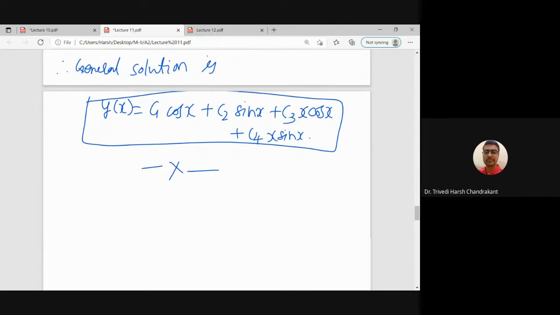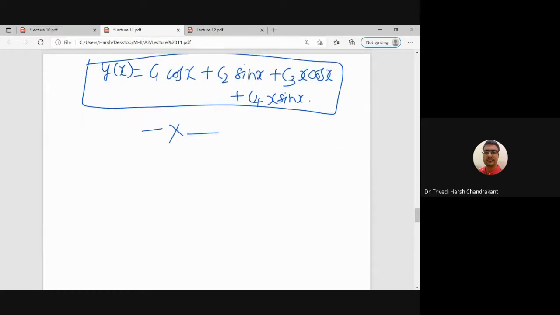So now we want to start a new method, which is known as the power series solution.